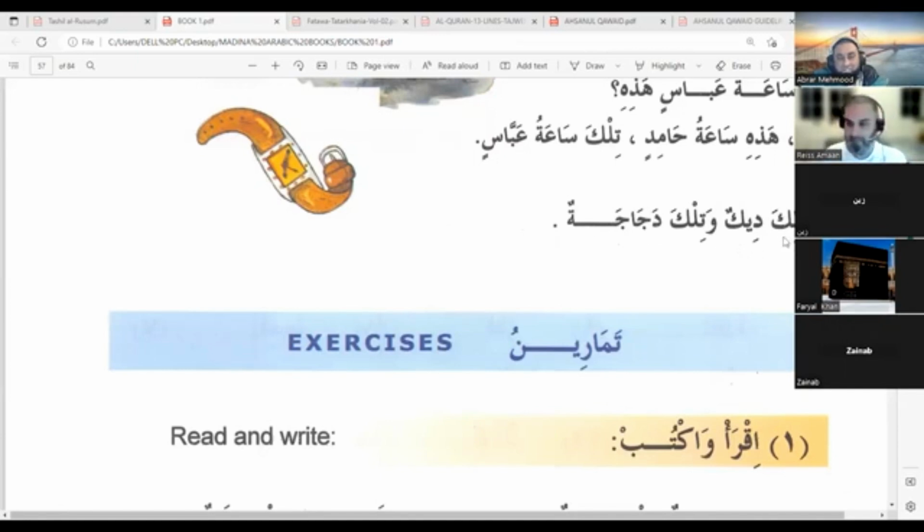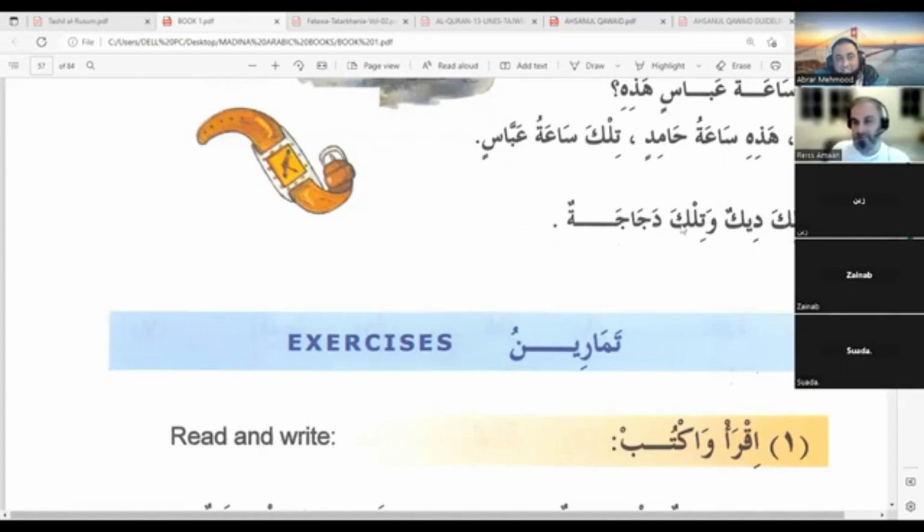Okay. Dikun also chicken, no? Dikun and the Dajajatun, both are chicken. Dikun is rooster, and the Dajajatun is chicken. Yeah, one is male, one is female, I guess. Yeah.